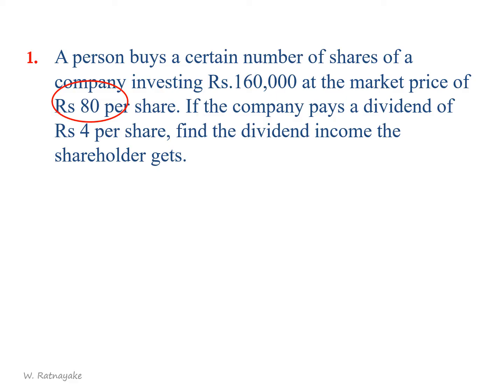And the dividend is paid 4 rupees per share. That means if you know the number of shares, to find the dividend income, we have to multiply that number of shares by 4 rupees. So the numerical expression that will help to get the final answer will be 160,000 divided by 80 multiplied by 4.